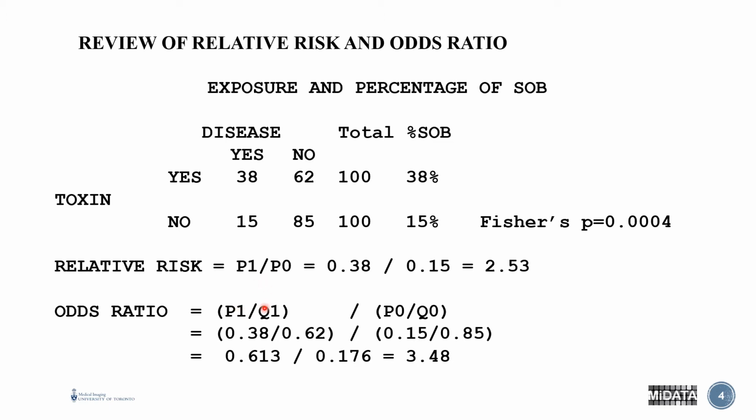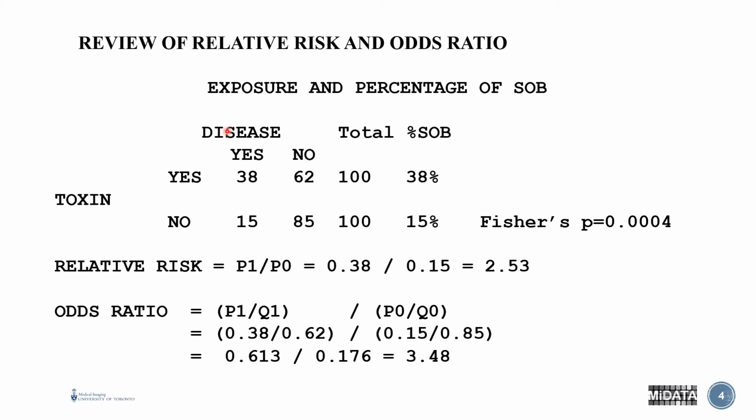So you do P1 over Q1 divided by the same for when you're not exposed: the probability of disease when you're not exposed, P naught, over Q naught, which is going to be 1 minus P naught. In this case, that is equal to 0.38 over 0.62 divided by 0.15 over 0.85.